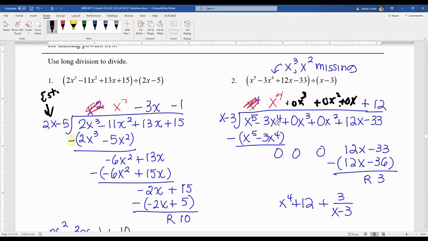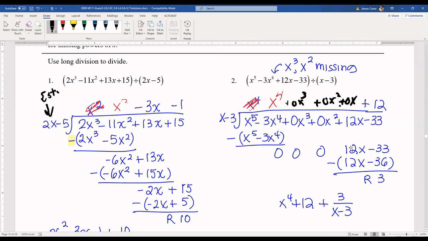Notice I'm lining up all my x fourths in a straight column. Okay, so I get x fourth times x is x to the 5th minus 3x to the 4th. I subtract, and in this case, I get 0. I bring down the 0, I get 0. I bring down the 0, I get 0.